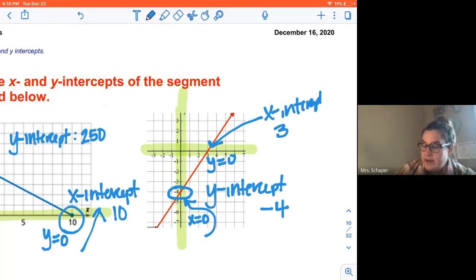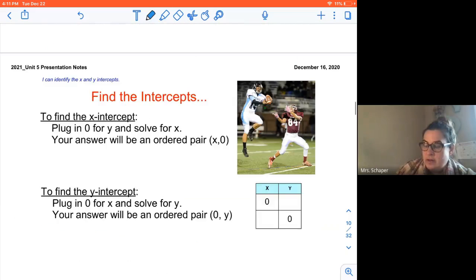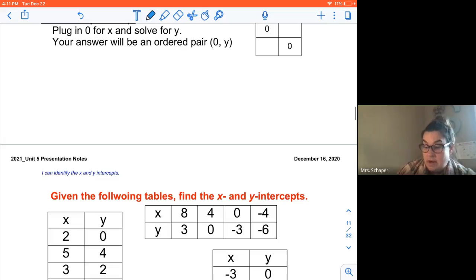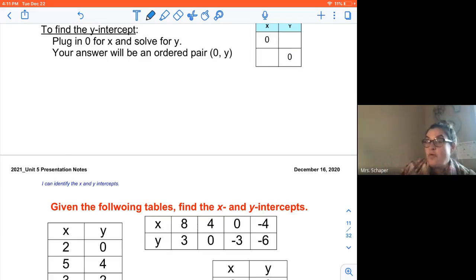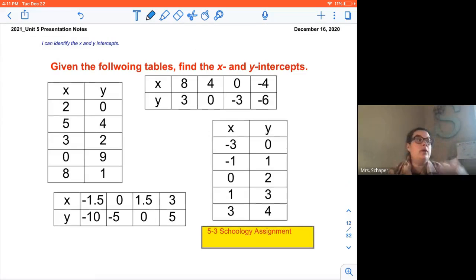Now, what if we have, I'm going to skip a line. Okay, for right now, I'm just going to skip and go to these graphs. Now, before I said keep in the back of your mind that when you're finding the x-intercept, your y is 0. And when you're finding the y-intercept, your x is 0. Okay, so when I'm looking at t-tables, the first thing I want to do is find the rows that have 0 in them.